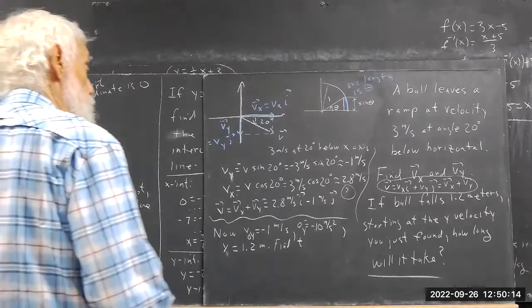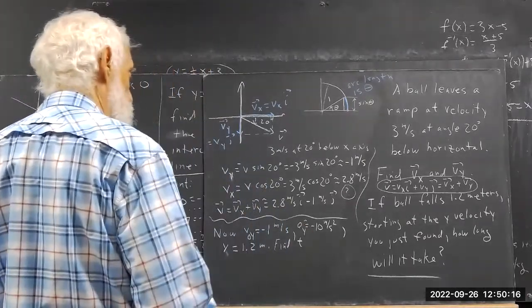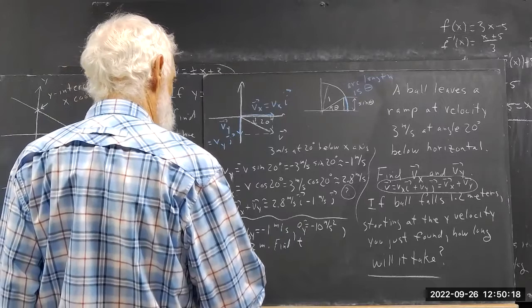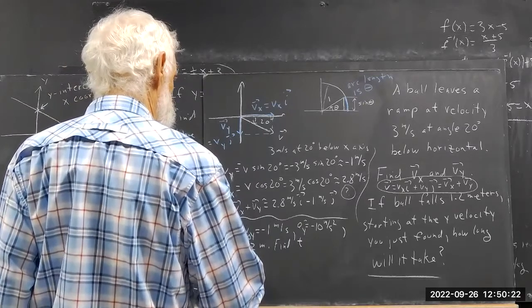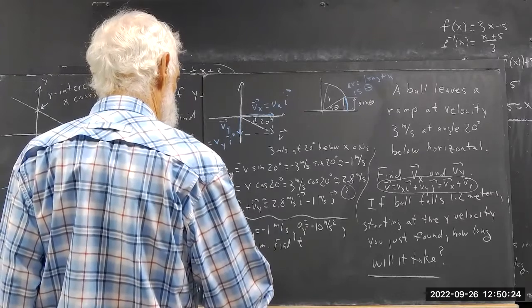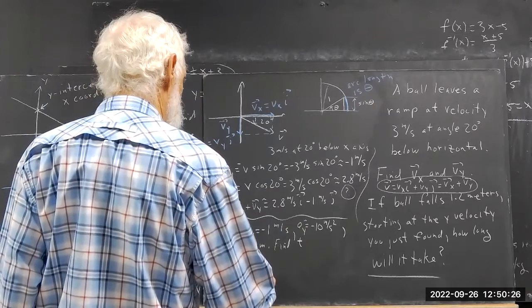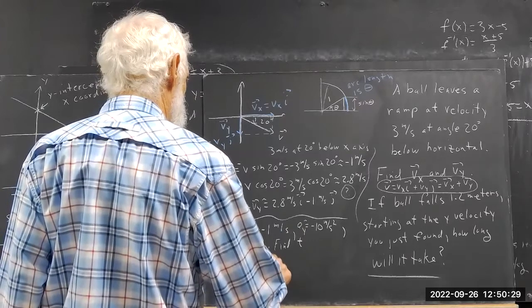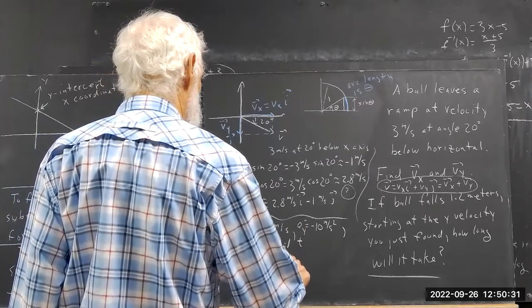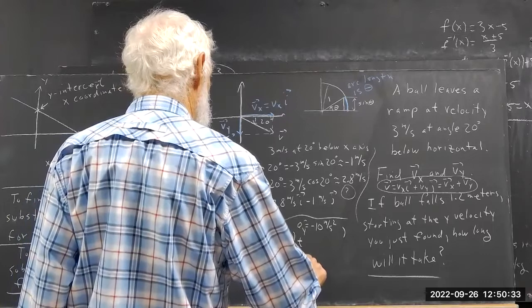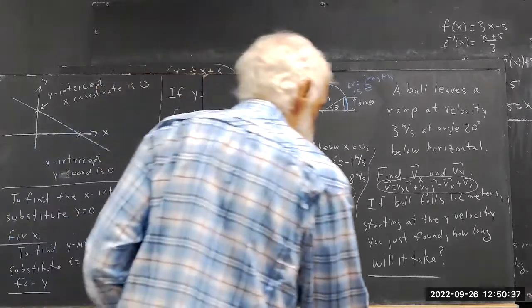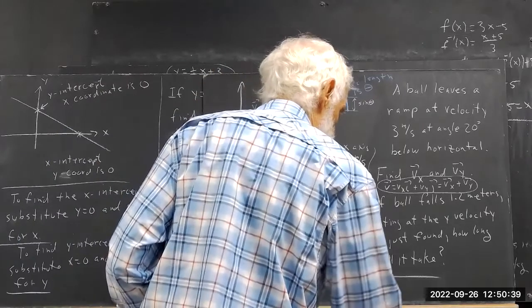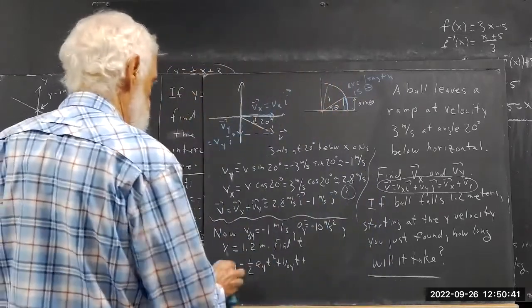Find an equation that has these variables along with t. I'm going to modify what I'm doing here.